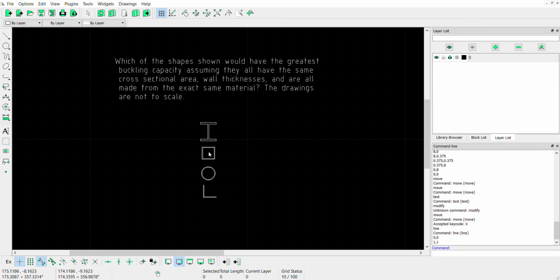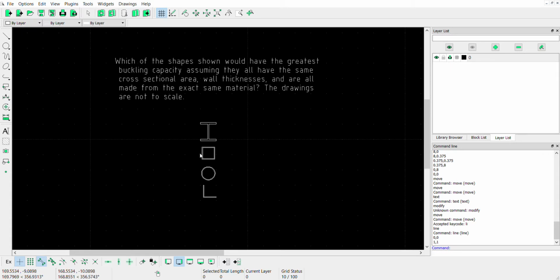Looking at the square, this is like a square tube. Now, in this case, if we drew orthogonal axes, it would have the same moment of inertia and the same radius of gyration, which are the properties that you use to calculate buckling, about each of the two orthogonal axes.